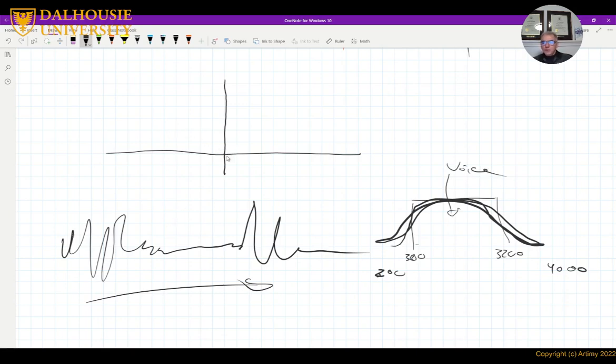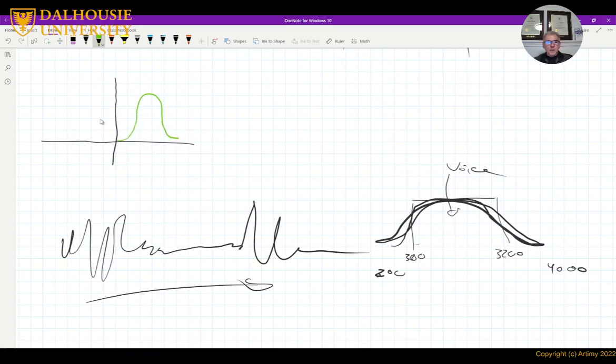The spectrum of the voice is never positive frequencies only. It's usually like that for all spectrums, not just voice. They usually have a positive component and a negative component. So I'm going to represent the positive component with green and the negative with red. And here is where it's a little bit confusing.